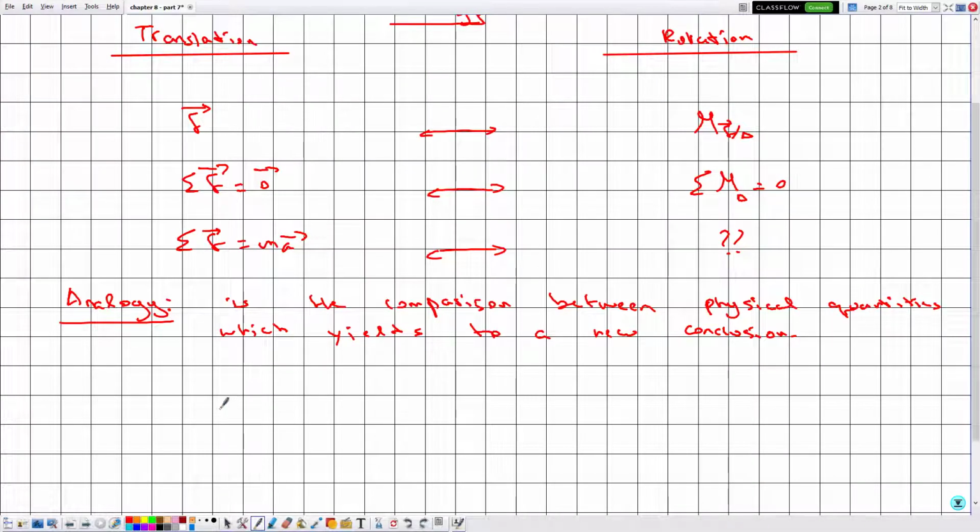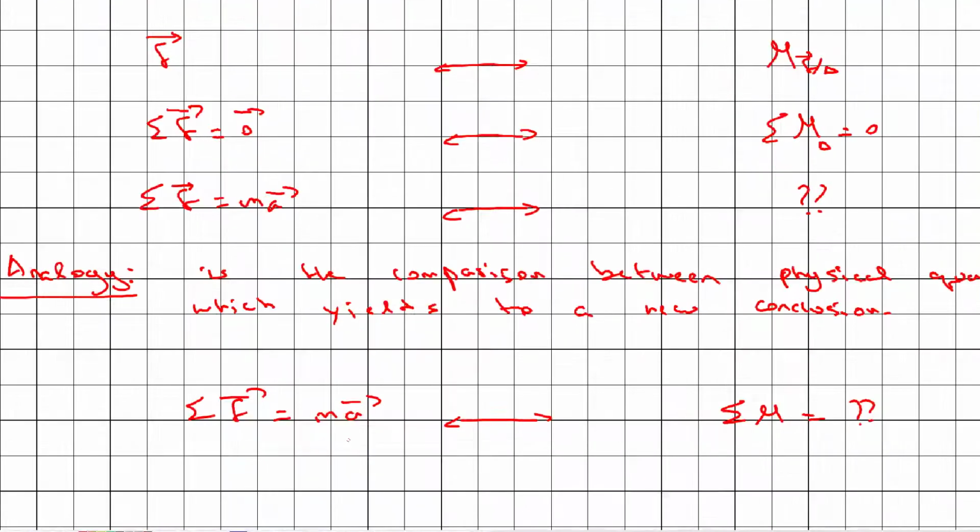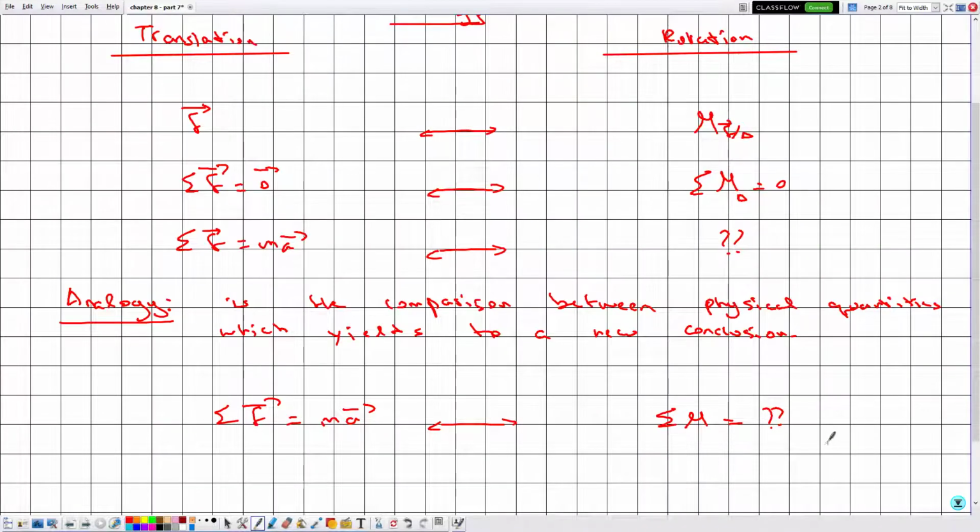How should one complete it? If you write sum of forces is equal to ma, then in order to write the rotational version, we need to write the sum of moments is equal to what? We are not sure if the mass in translation will be the mass in rotation, and we don't know if the acceleration will be the same.